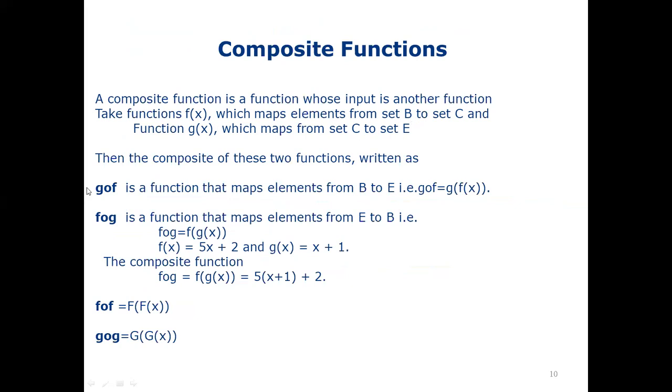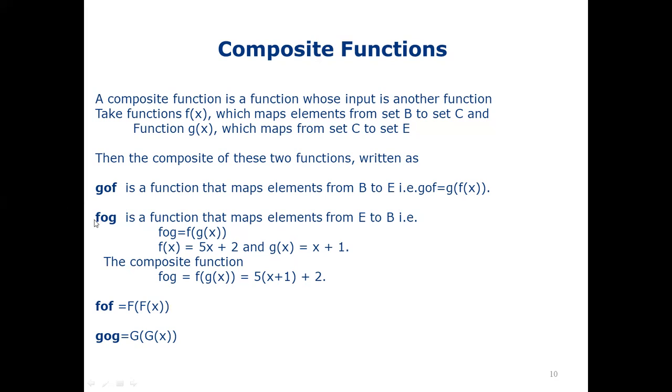So here we are writing the composite function in this format, G O F, where it's a function that maps elements from B to E. So here it is GOF, you can represent it as function g of f of x.